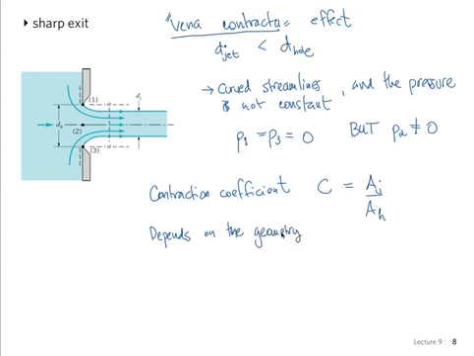And it's a type of thing that you find in handbooks available, the contraction coefficient, and later on we're going to look at also the losses that are associated to these types of devices.